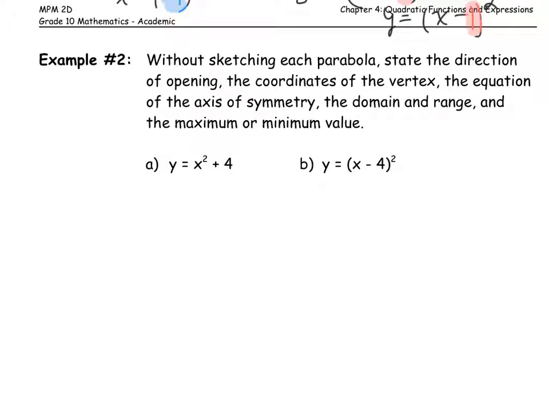Okay, so when I do questions like this, I first kind of have to visualize it. And so I'm remembering that the general form of these equations is y equals x minus h all squared plus k.